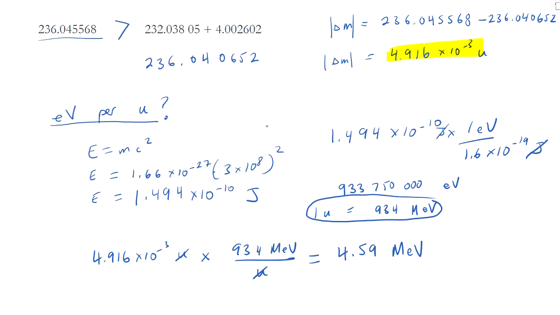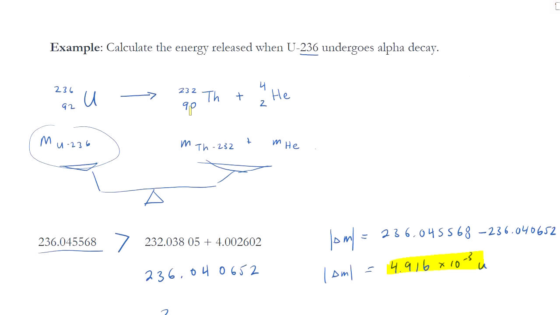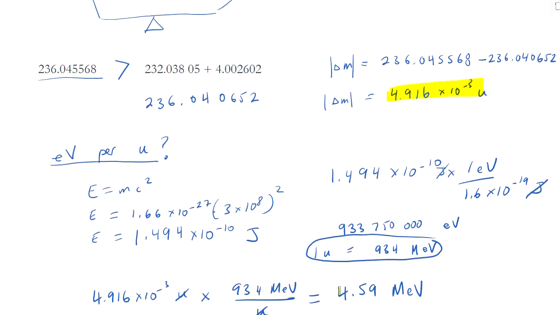In case you forgot what the question was, when uranium decomposes via this process of alpha decay, how much energy is released? We got 4.59 million electron volts. And that concludes our brief tour of nuclear power.